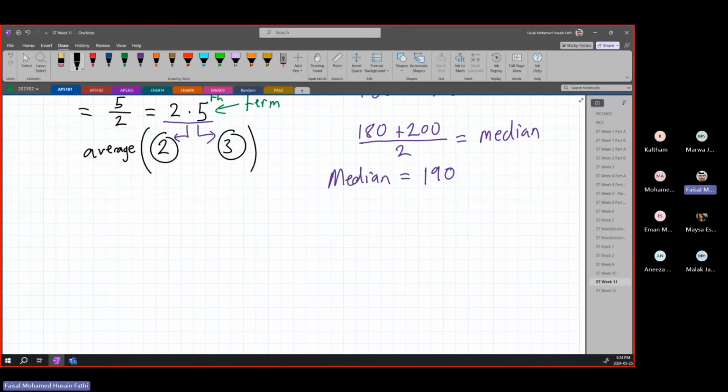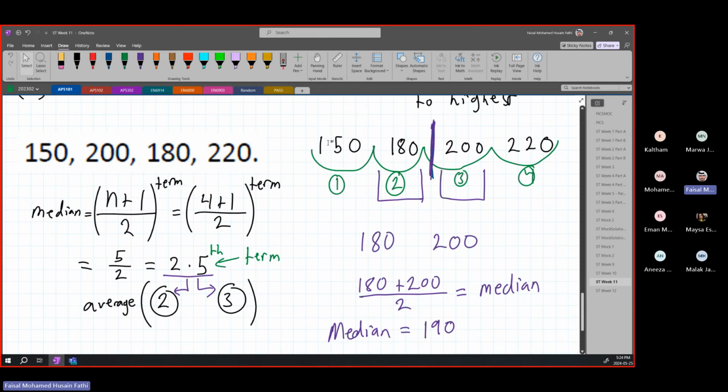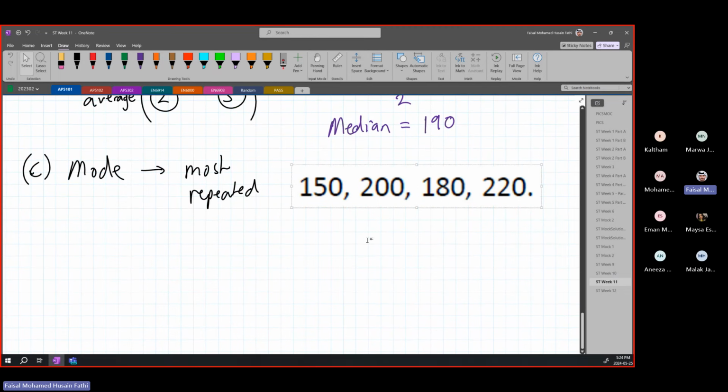The last thing is part C, our mode. All right. Our mode is simply the most repeated. That's all it is. So if you look at these values, okay, usually it's preferred if you order them and keep them ordered from the beginning so you don't get confused.